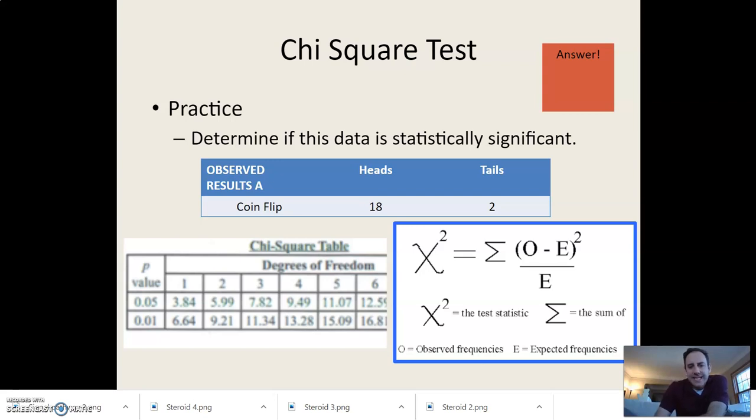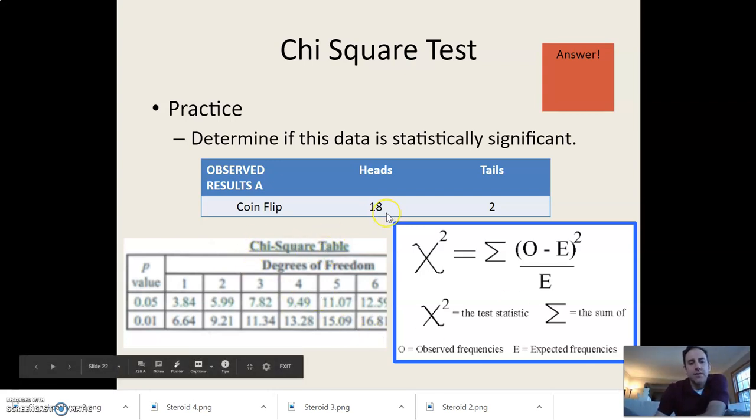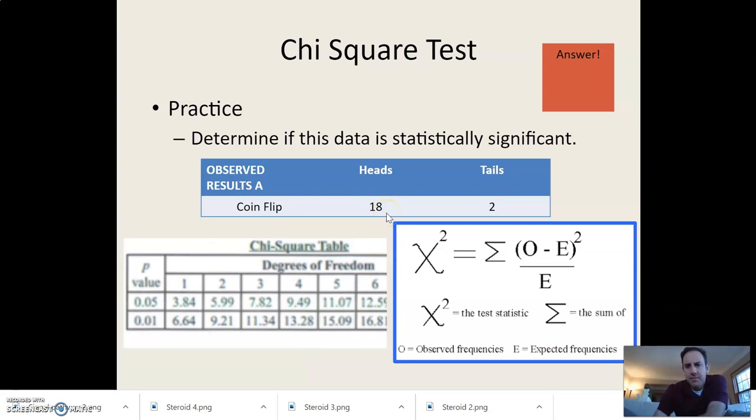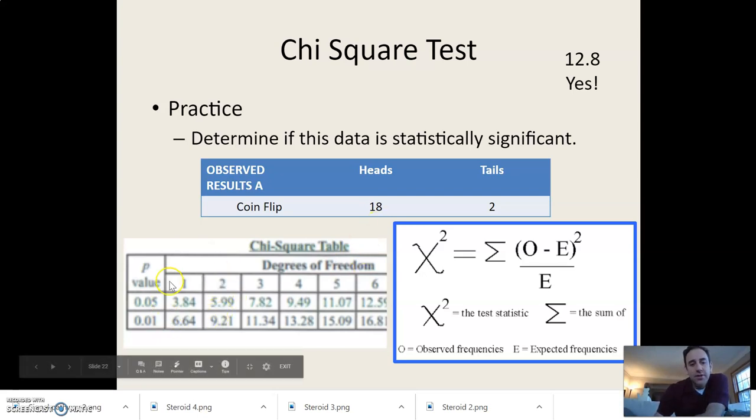So let's go to this 18 and 2 one. I will let you go ahead and plug numbers in and see if you can calculate the chi-square value, use the degrees of freedom to determine if you should accept or reject your null hypothesis, and then maybe pause the video to do that. And then, you ready for the answer? 12.8. So 12.8 is going to be larger than the critical value of 3.84.